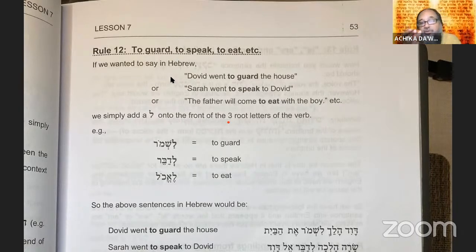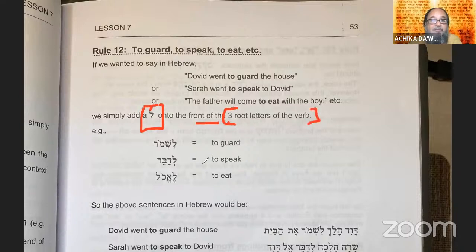They're saying the rule here is, in order for you to make it to, all you're going to do is add this letter, the lamed, like a preposition, to the front of the 3-letter root verb. Okay. So here's our 3-letter roots. And all we did was add this lamed to it. The lamed here means to. Okay.